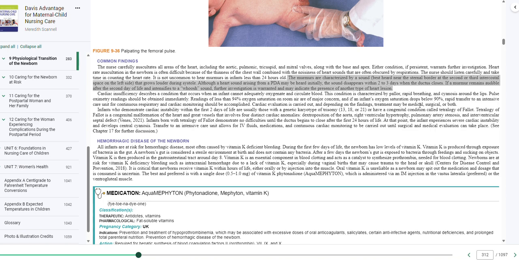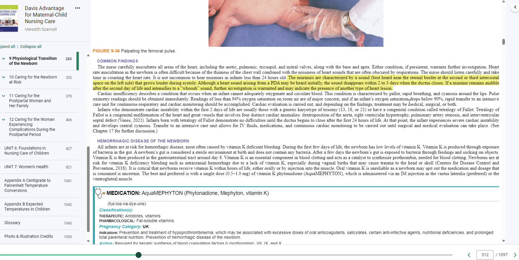Murmurs are characterized by a sound best heard at the sternal border at the second to third intercostal space on the left side, that grows louder during systole. Although a heart sound arises from a PDA may be heard initially.